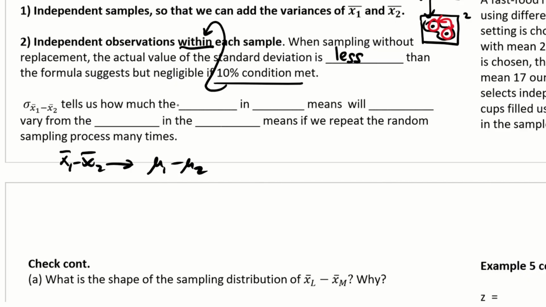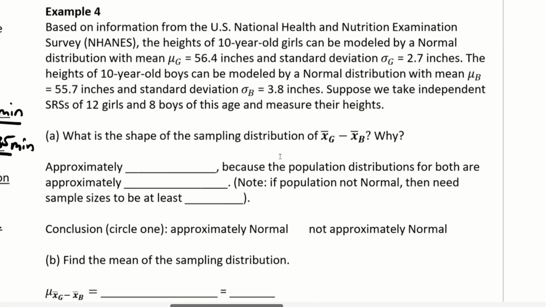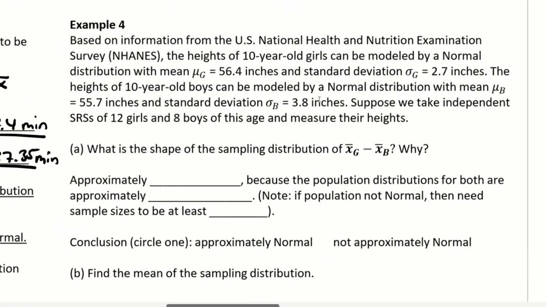So it tells us how much the difference in the sample means will on average vary, will typically vary from the difference in the true means, if we repeat the random process, of course, many times. All right. So that's the interpretation thereof. So let's look at an example of that.